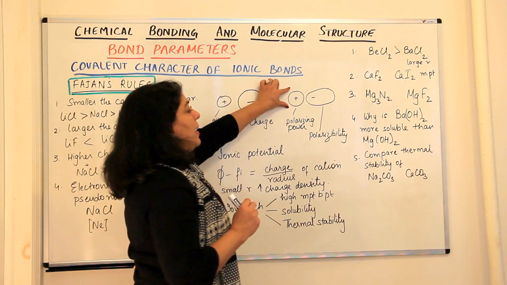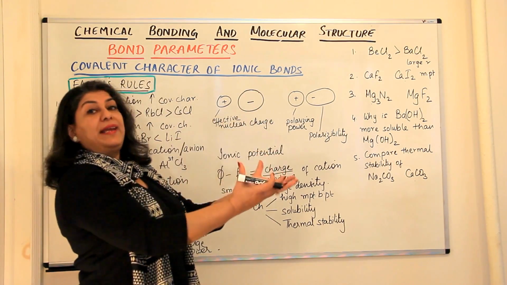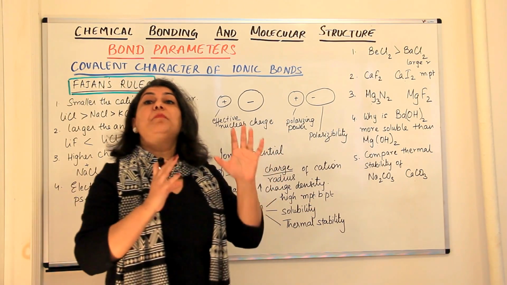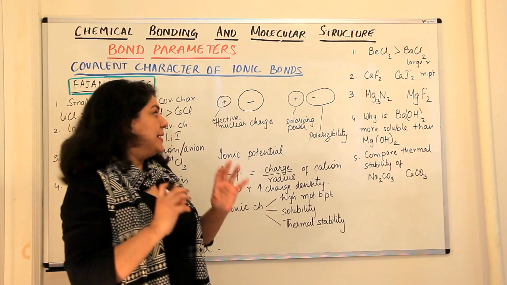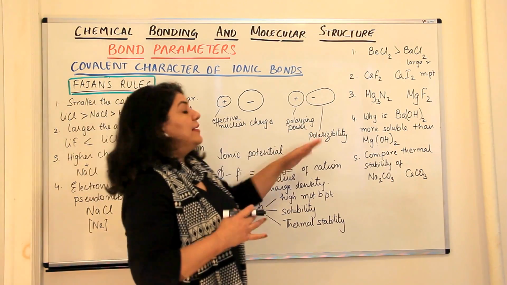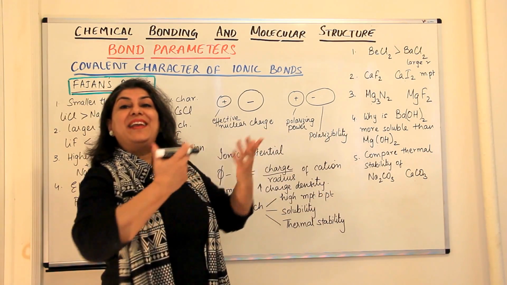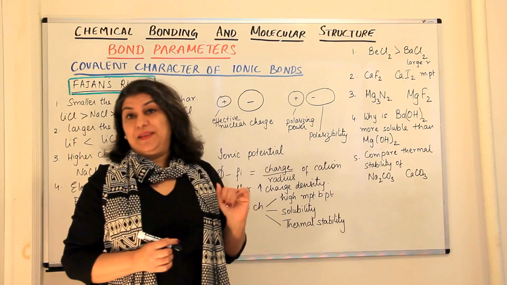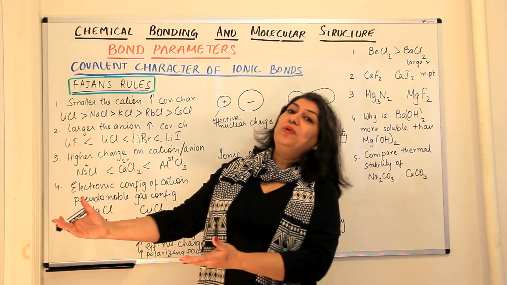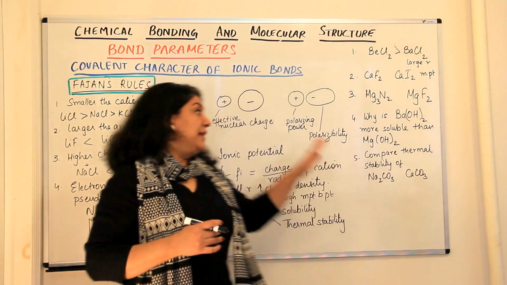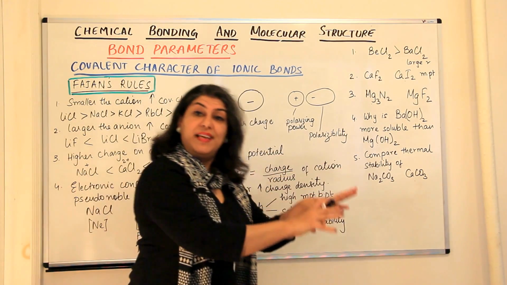Now, how well a cation can polarize an anion is known as its polarizing power. How powerful is it to polarize an anion? And the ease with which an anion gets polarized is known as its polarizability. How easily does it get polarized? So that is the anion's polarizability, and the cation has a polarizing power.